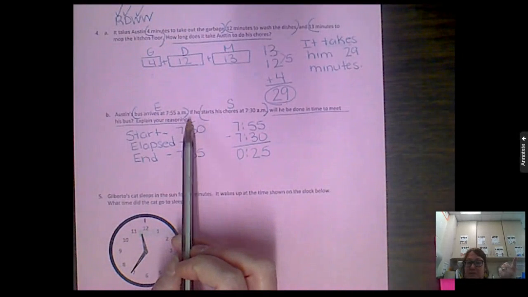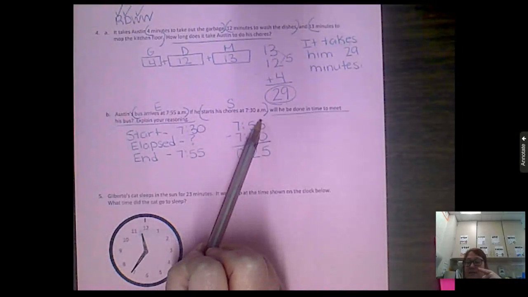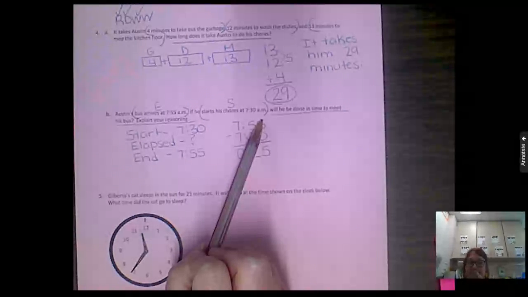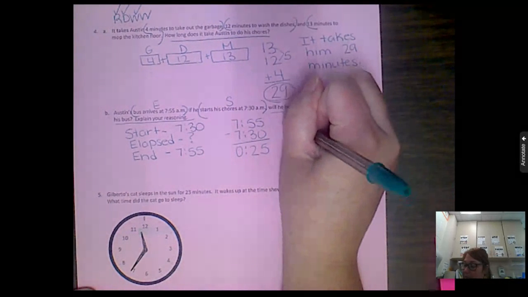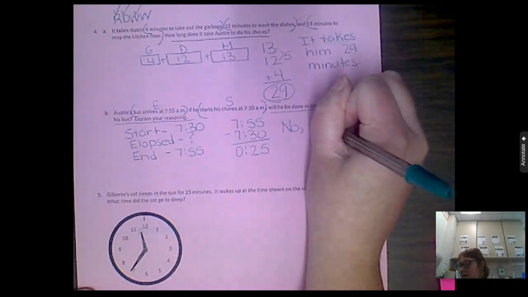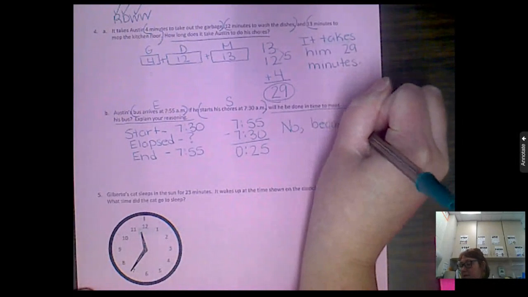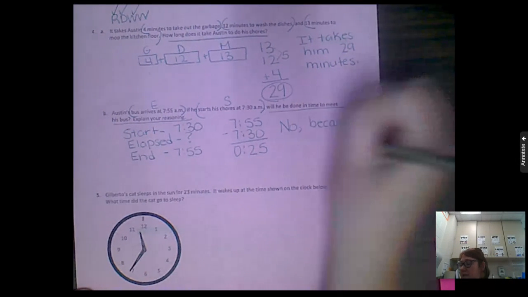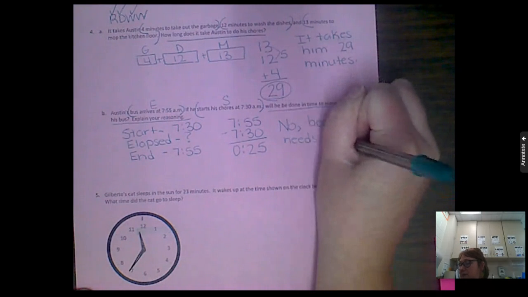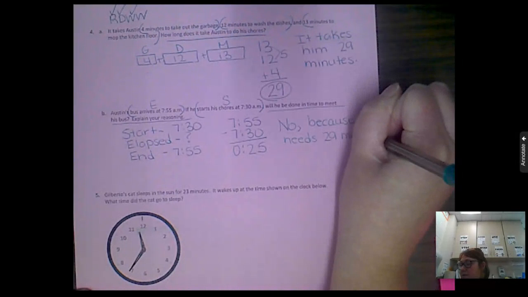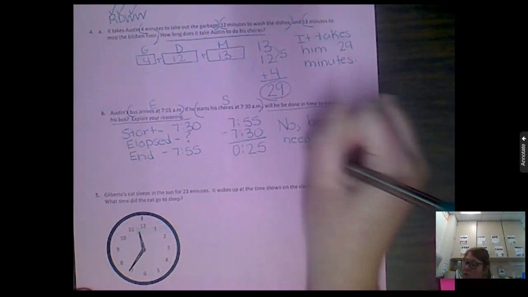So that means that he has 25 minutes in between when he starts his chores and when the bus comes. But it takes him 29 minutes to do his chores. So does he have enough time? Because it takes him 29. So no, with a capital N, comma, because he needs 29 minutes to do his chores.